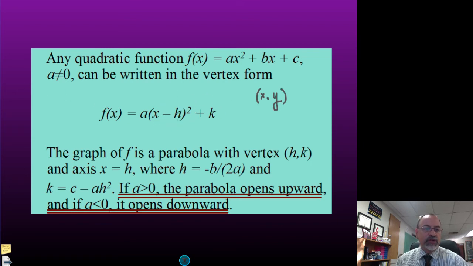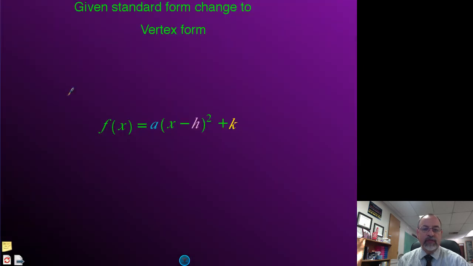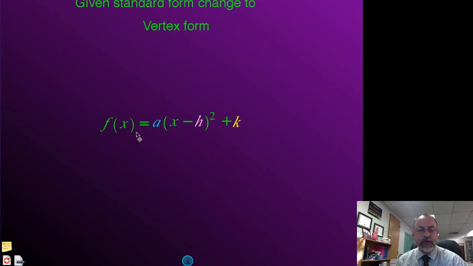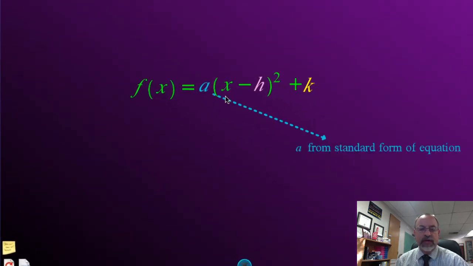So let me give you a visual that maybe will help you, and maybe you can write this down as a little chart to help you out. So this is vertex form. The a value we get from the a that's in the standard form of the equation. So the a that goes here in vertex form is simply the same a value that is in standard form.